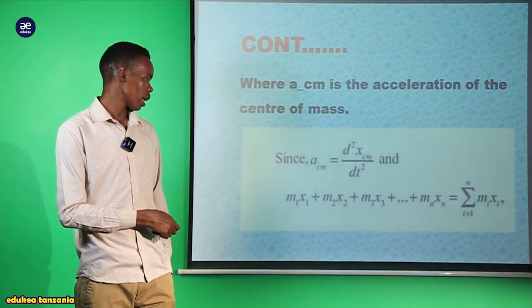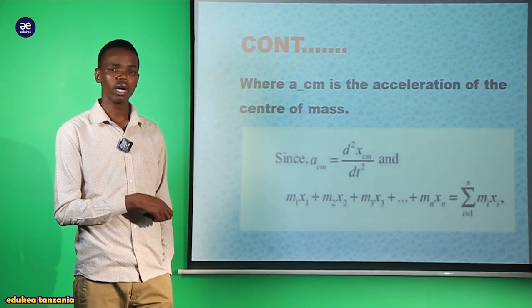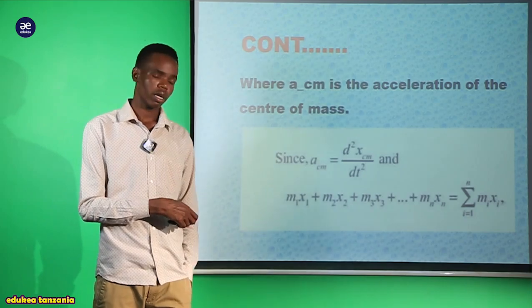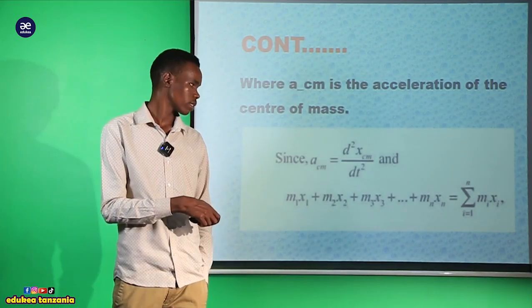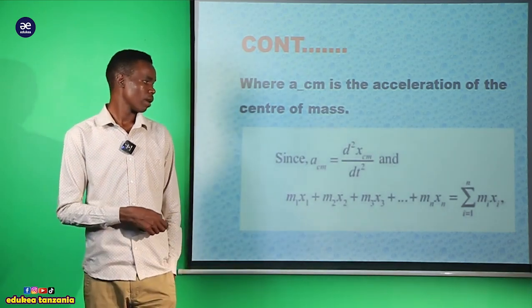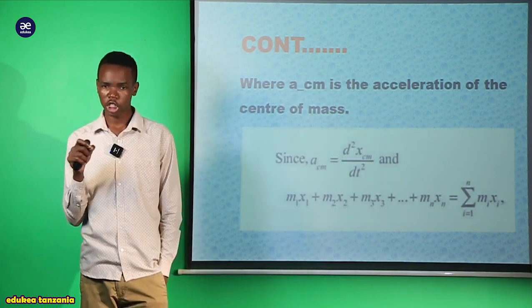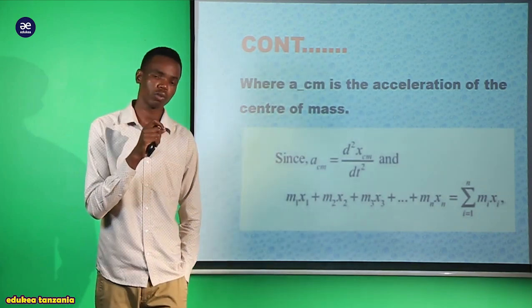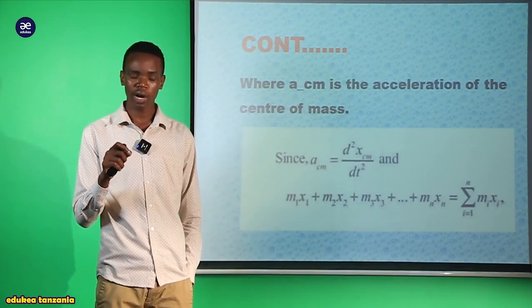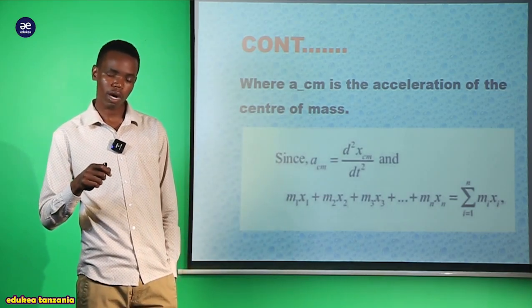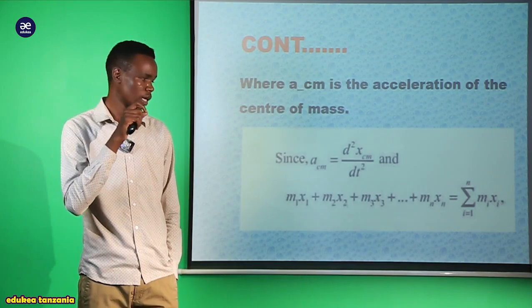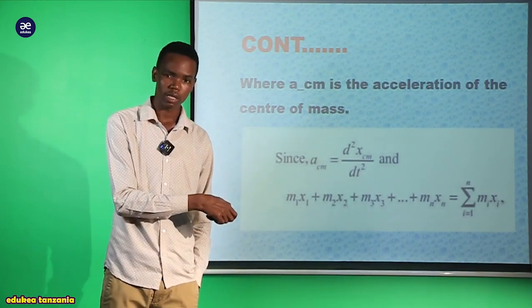And m1 x1 plus m2 x2 plus m3 x3 plus dash dash plus mn xn must be equal to the summation of mi, i starting from 1 up to n terms, times xi.